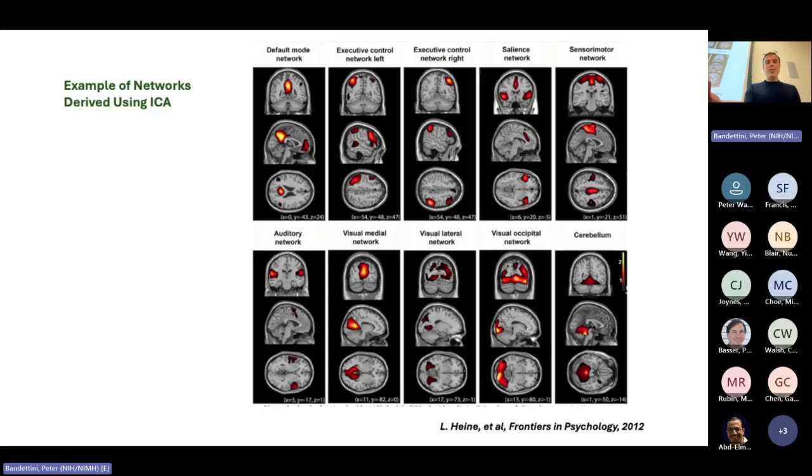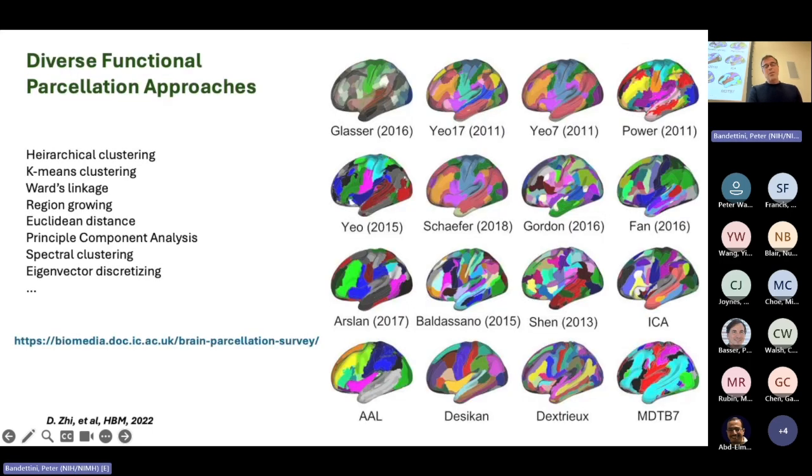All right, so here are some examples. Another way of doing analysis, and this is partially a way that the parcels are generated, but not exactly, is just independent component analysis. And this is still done. If you do that, you can find many different networks, independent components, that come out from the time series data. And as I mentioned, there are many ways of generating parcels.